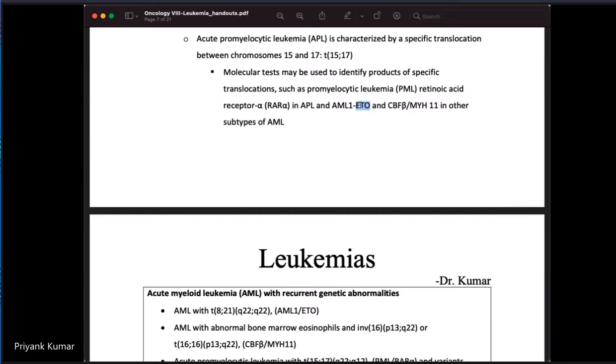So if you remember this ETO t(8;21), there are also translocations between CBFB, core binding factor beta, and myosin heavy chain 11 fusion. That may also cause AMLs.